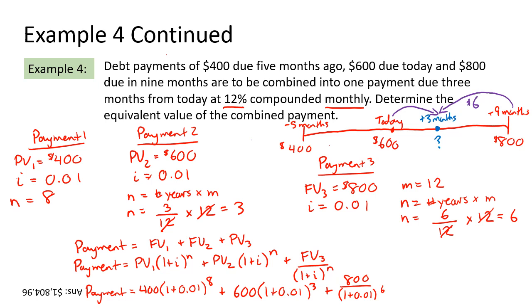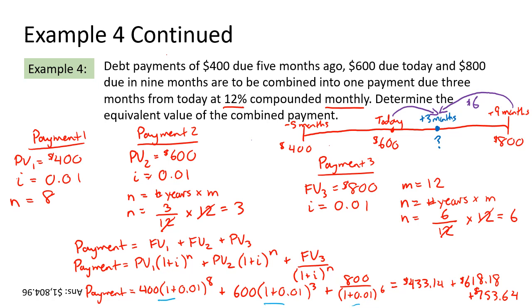So if you calculate each of these values out, your first payment is equal to $433.14. Your second payment is equal to $618.18. I'm just simplifying each of these, okay? And your third payment is equal to $753.64.